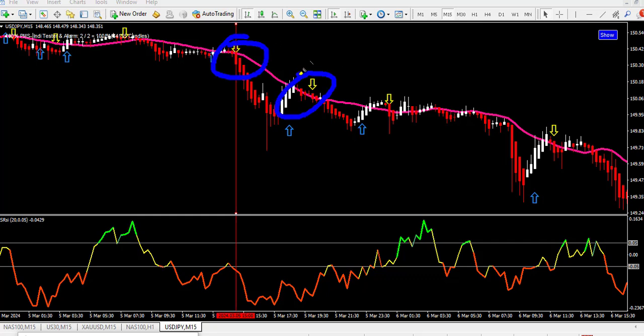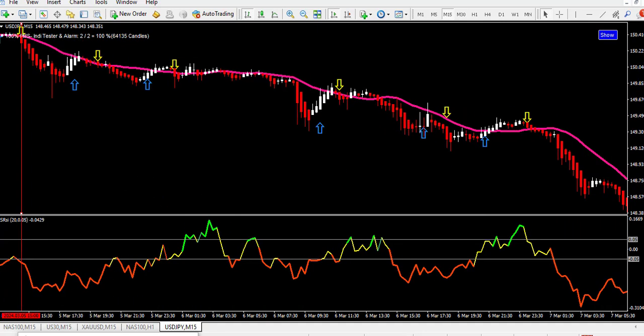Yes, another confirmation. You are not going to take any trade that is against the main trend on the 1 hour time frame, and here we have a lot of opportunity to enter more sells using this particular strategy. So let's check another pair, but the methodology does remain the same.